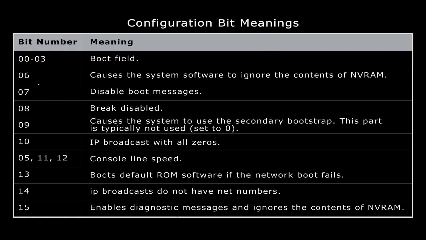That would be bit number 6. So let's look at this example here. I'm going to type out our original value, which was 2102, which is going to equal 0010 followed by 0001 followed by 0000 followed by 0010.